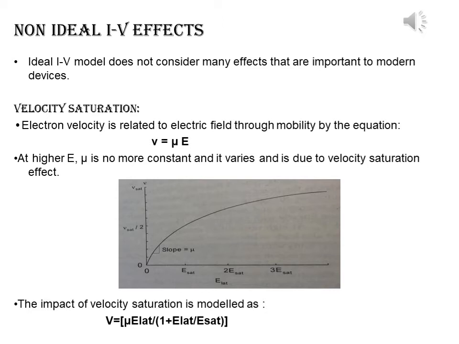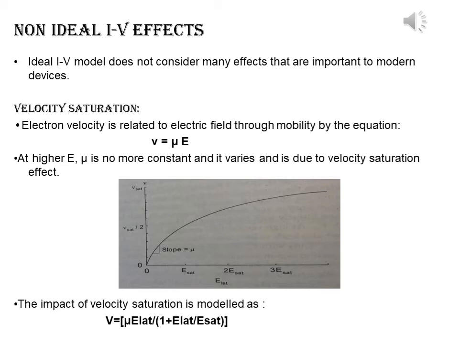Velocity saturation. Here, the electron velocity is related to electric field through mobility by the equation V is equal to mu into E. In the last class itself, we have seen that the velocity is directly proportional to the electric field, and the proportionality constant there we had considered as mu, which is named as mobility constant.